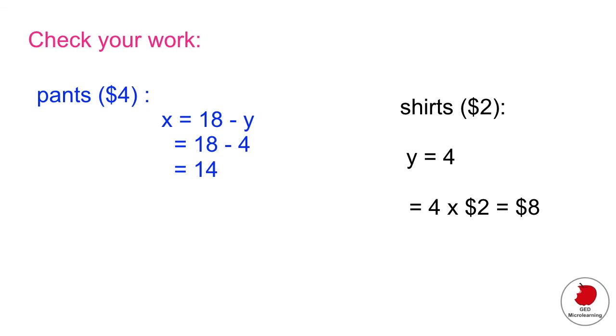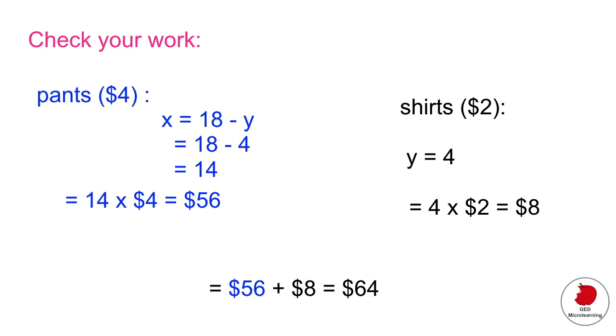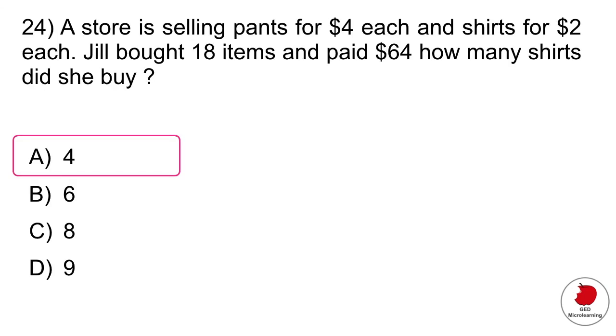And then we said that the pants cost $4. So we would multiply 14 times $4, that gives us 56. So if you go ahead and add those two values, that gives you $64, which was how much she had purchased. So that's your answer, option A.